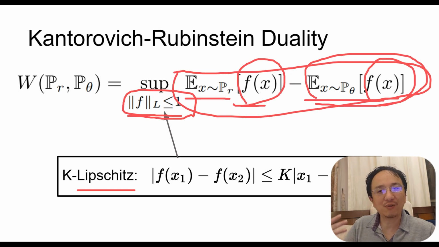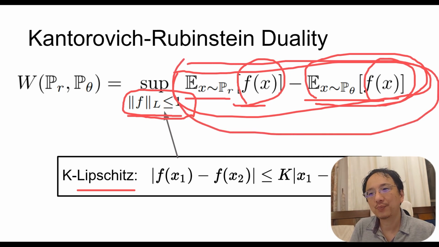It is kind of like the total variation situation: we are trying to find an f that can emphasize the differences between these two distributions. But there's one thing we need to be very careful about: if we find some f so that this has some difference, say the difference is equal to 0.1, just a very small difference.